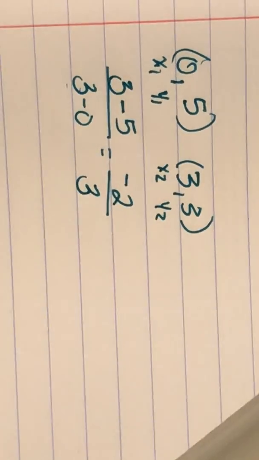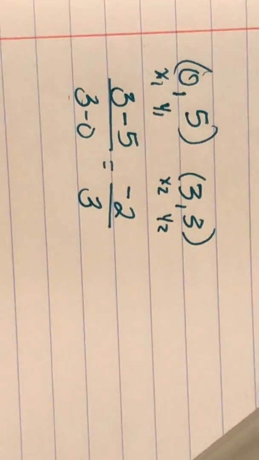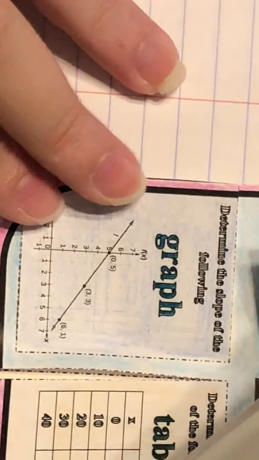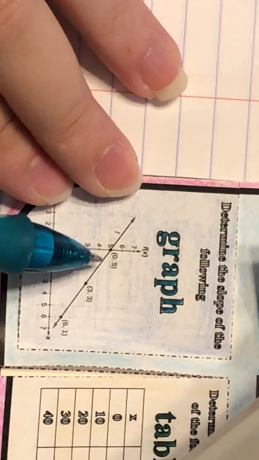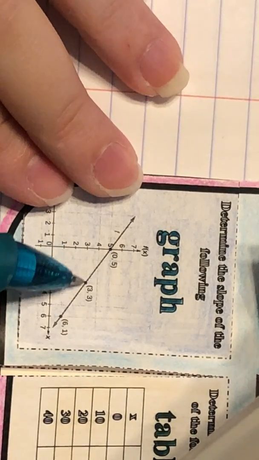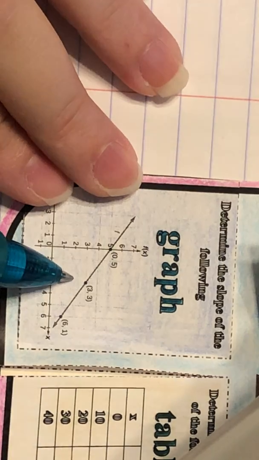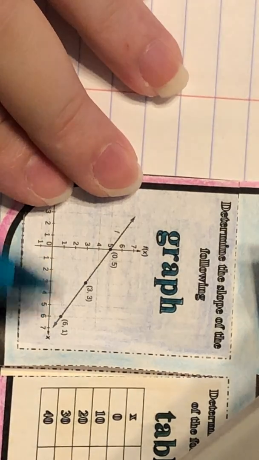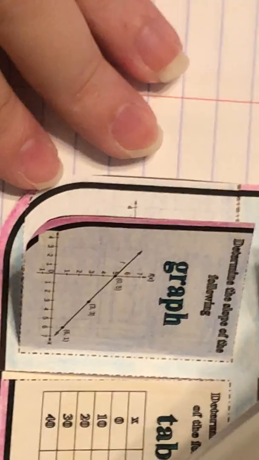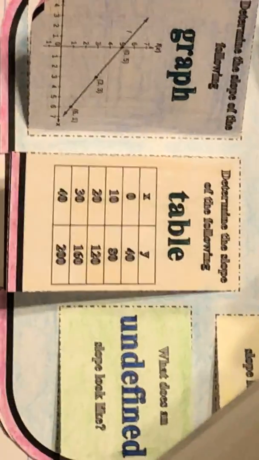So I get -2/3. So the slope of this graph is -2/3. Every time I go down 2 and to the right 3, I get to my next point. Down 2, to the right 3. So my slope is -2/3.